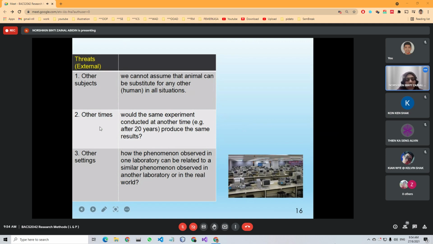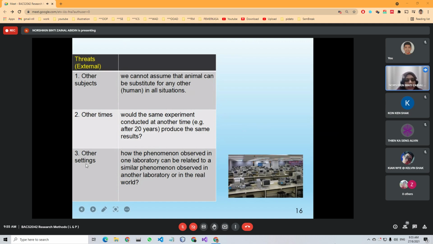Will the technology that we use this year, 2021, still be relevant next year, 2022? If we conduct the research this year, will it produce the same result next year? Other times, this one is time-based events.